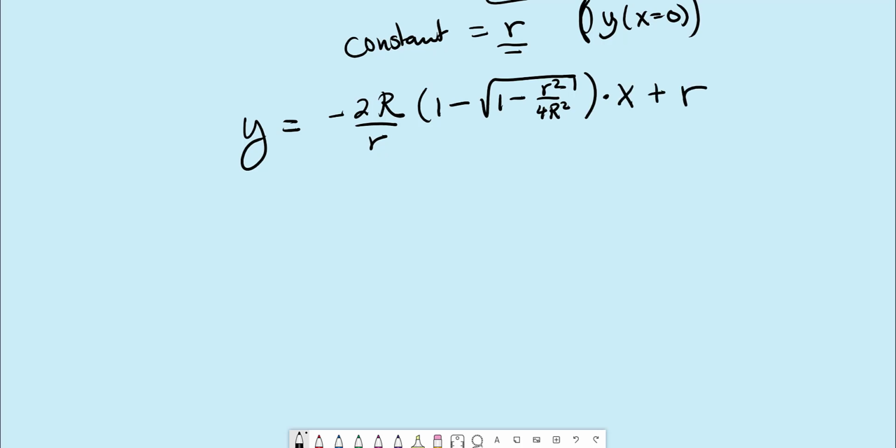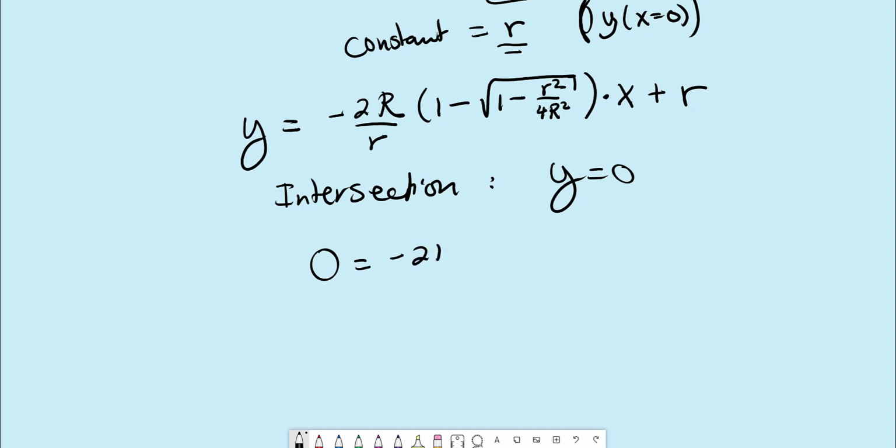And the intersection is given by the condition that y equals 0. So we write 0 equals minus 2R over lowercase r, times 1 minus the square root, times, instead of x, we're going to write L, because we're going to try to figure that out, plus r.